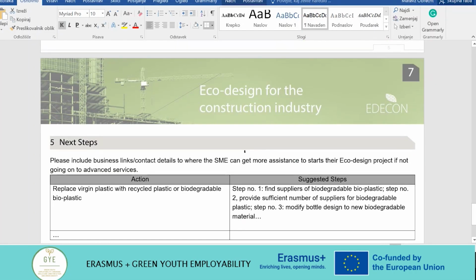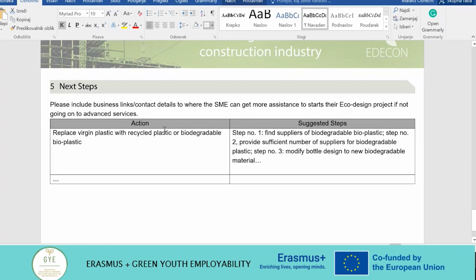Okay, and then last phase, you will propose the next steps, what kind of actions could be done, what are the suggested steps to make this in the future.